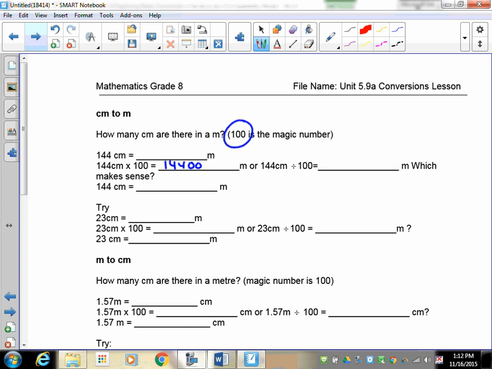That's what a centimeter is, just the width of a pinky. Right? So could you take 144 pinkies, stack them on top of each other, and make 14,000 meter sticks? You can see this is ludicrous. It doesn't make any sense at all. So divide it. That gives you 1.44. And this is the one that makes sense.